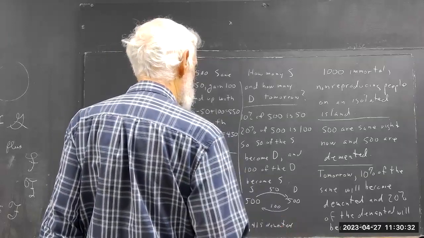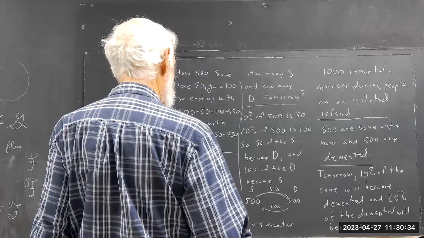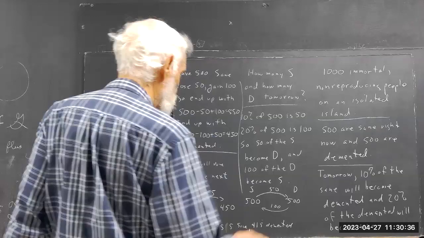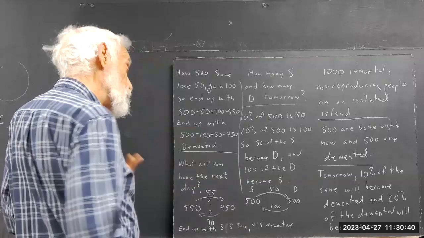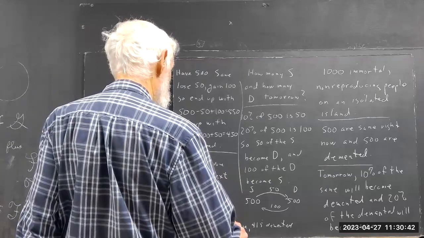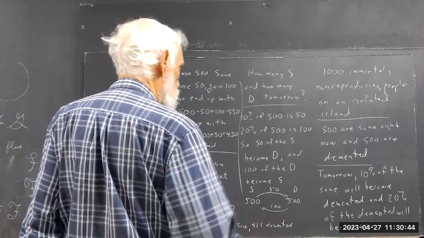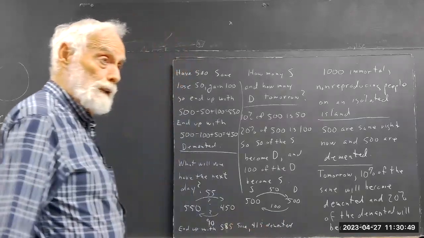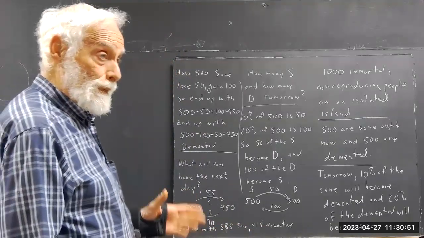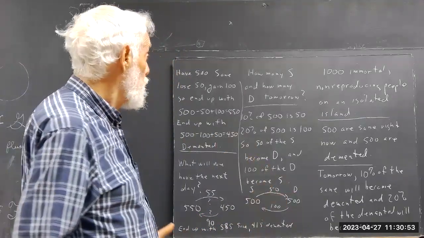I said 45. And I'm wrong, it's 35. Okay. 90 minus 50 is 40, 90 minus 55 is 35. So it's 585 sane and 415 demented. We made a note, but that still adds up to 1,000 because you're not losing anybody. Just going from one group to the other.